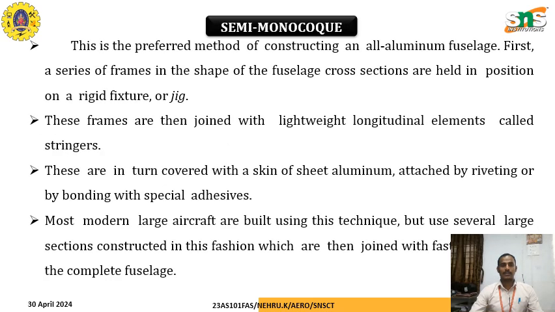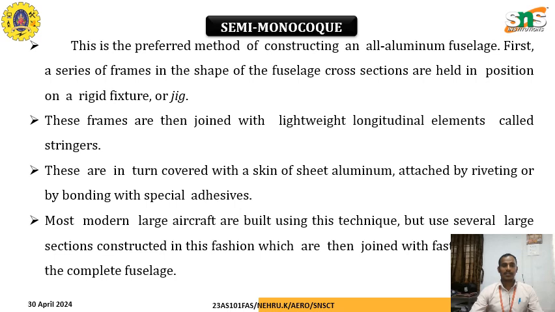Coming to the semi-monocoque design, this is the preferred method of constructing an all-aluminum fuselage. First, a series of frames in the shape of fuselage cross sections are held in position on a rigid fixture or a jig. These frames are then joined with lightweight longitudinal elements that we call stringers.